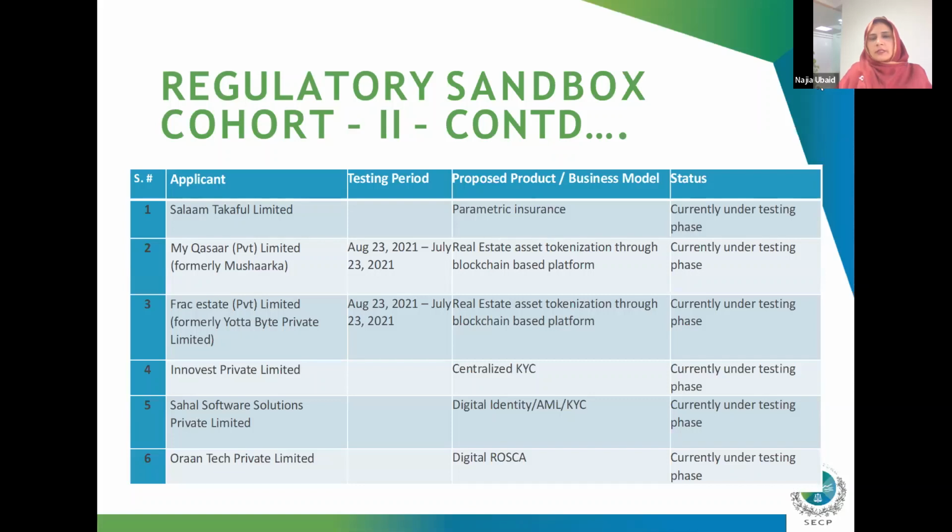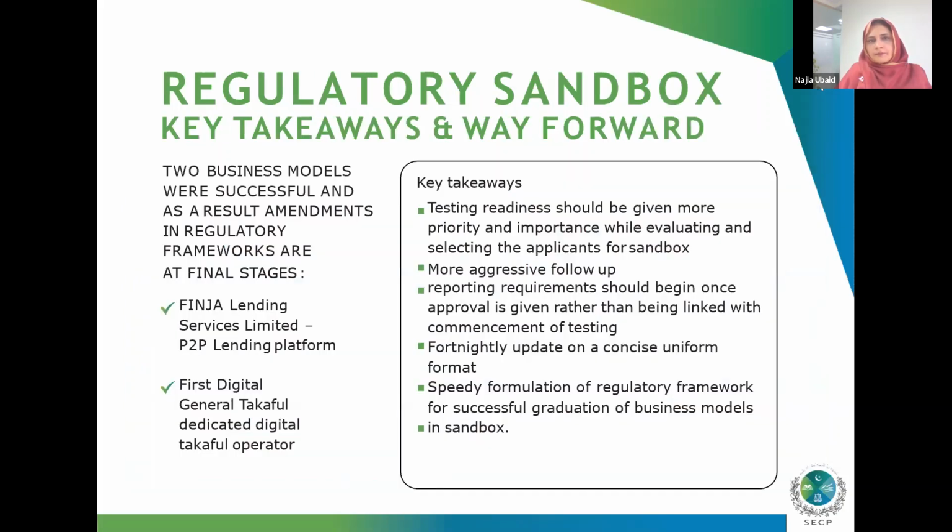The 6 models that we tested were parametric insurance, real estate asset fractionalization through blockchain-based platforms, 2 of them with the same business model, centralized KYC, digital identity KYC, and a model of digital ROSCA. All of them are under the testing phase with SECP in the second cohort.